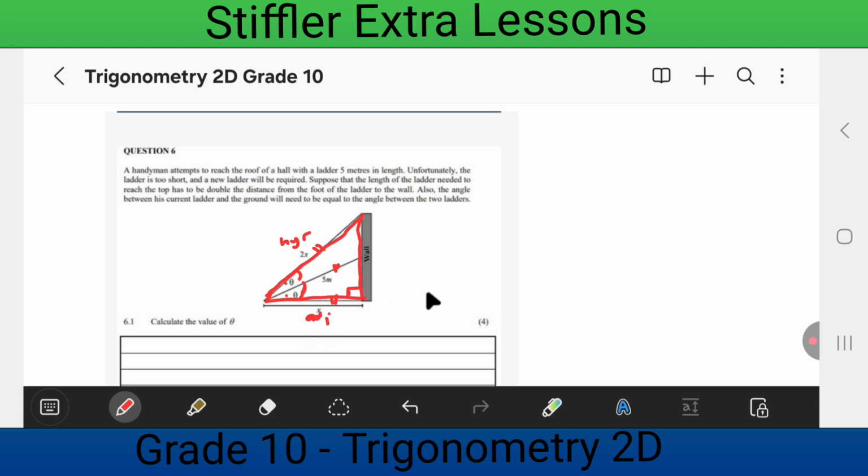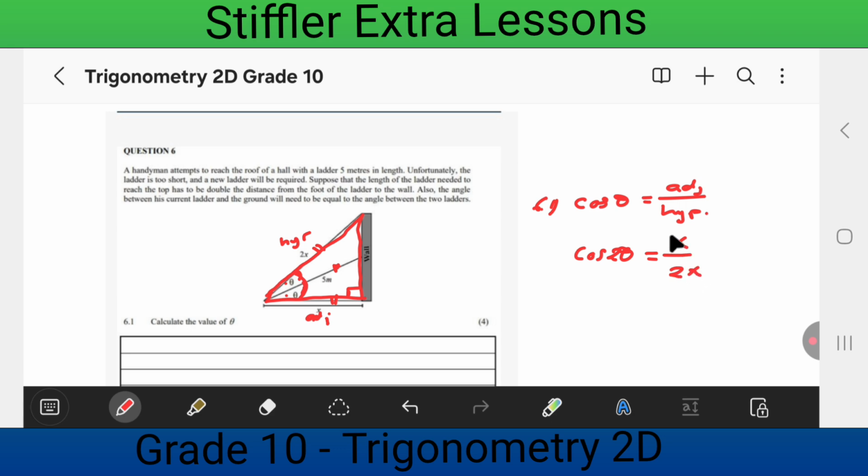So this is cos of theta, right? So let's see how we can solve that. So we know that cos of theta is equal to adjacent over the hypotenuse, right? So now, since we are having this whole angle like that, it means that this is cos of 2 theta being equivalent to adjacent, which is x, over our hypotenuse, which is 2x.